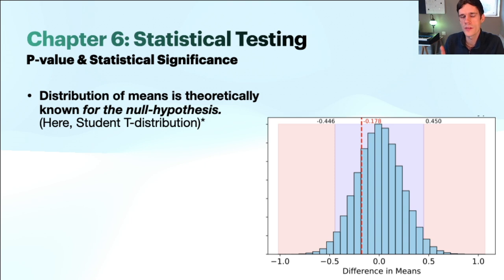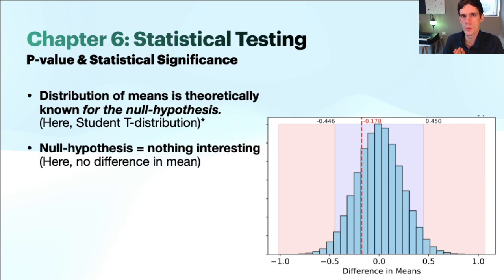Now, there is one caveat. We have this distribution available to us, but only under a specific assumption, namely the null hypothesis. Now, what is the null hypothesis? This is the assumption that the underlying populations do not have a difference in the specific statistic that we are looking at.